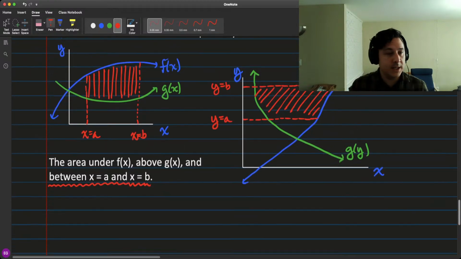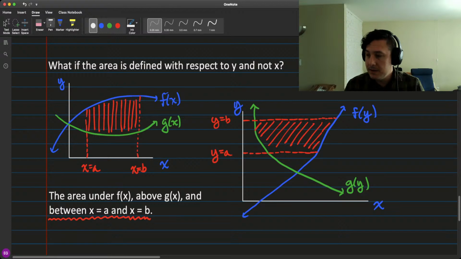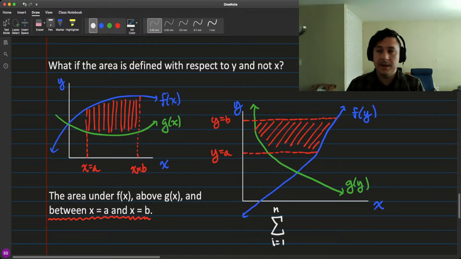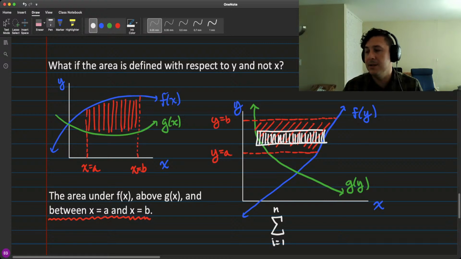If you wanted to estimate this area here, you would do a sigma of i equals 1 to n, and you'd have a rectangle. So I'm going to draw in a rectangle. Notice now that my rectangles look horizontal.